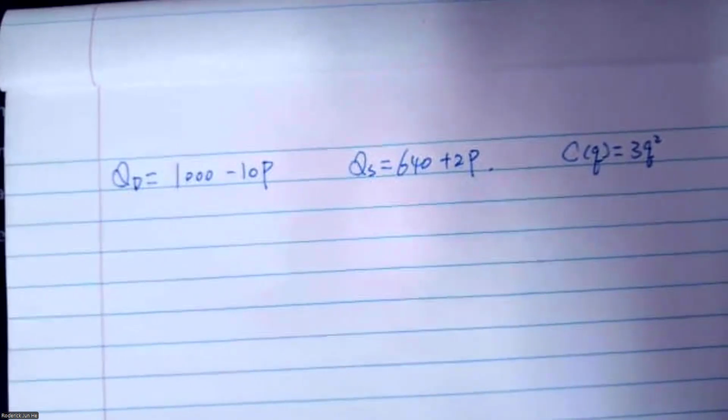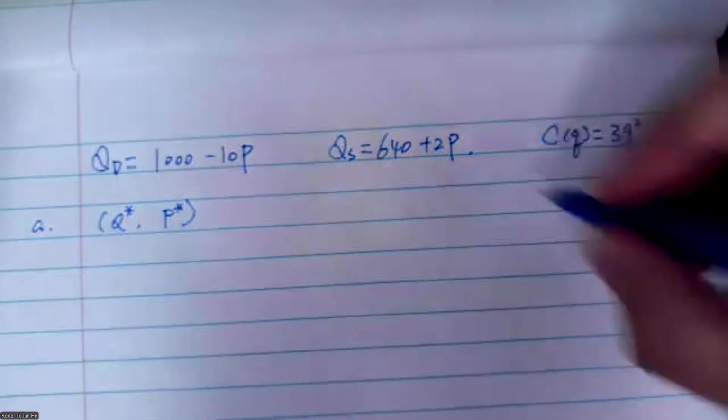First, QD equals 1,000 minus 10p, and QS equals 640 plus 2p, and C as a function of Q equals 3 times Q squared. Question A asks us to figure out the capital P star and the capital Q star.